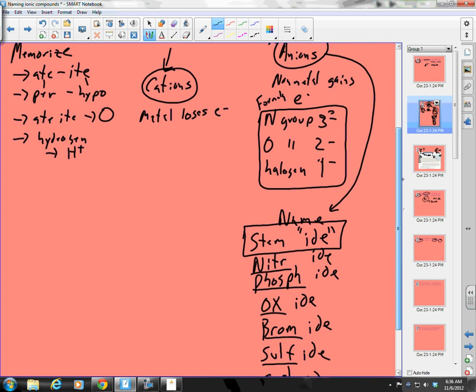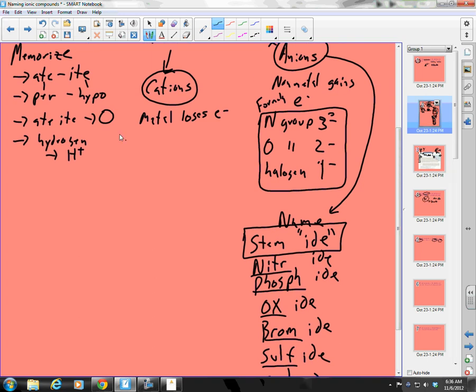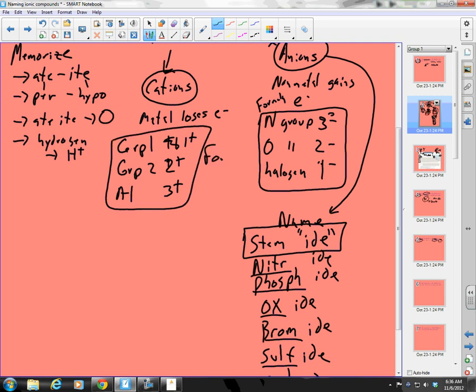Metals lose electrons. And so group 1s form +1. Group 2s form +2. Aluminum forms 3+. And so that's the formula side of things. Now, how do I name it? In naming cations, it's very simple.